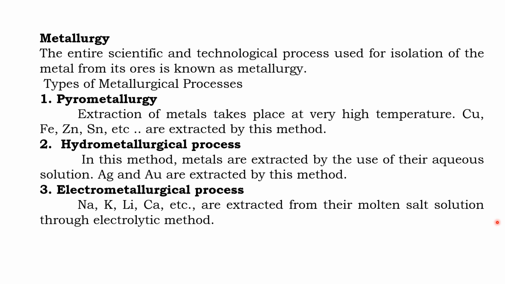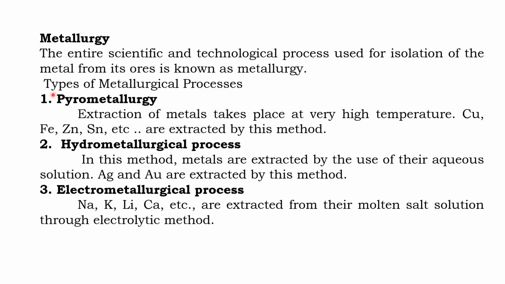The entire metallurgical process is basically classified into three types, depending upon the technological process used for the separation of the metals. The first one is pyrometallurgy. From the name itself, we could make it out.